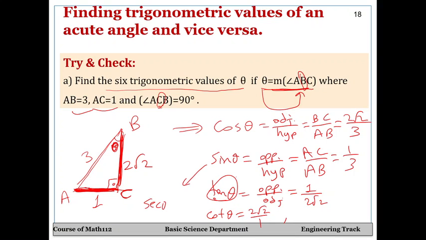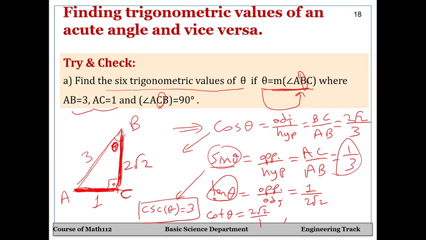And secant theta, I can say secant theta is 1 over sine theta, no, sorry, this is not true. Sine theta's reciprocal is cosecant theta, which is 1 over sine theta, which is 1 over 1 over 3, so you have 3 over 1.